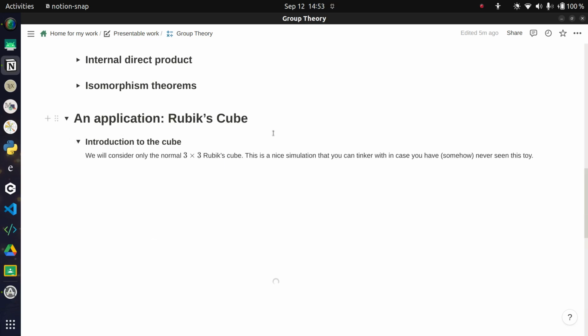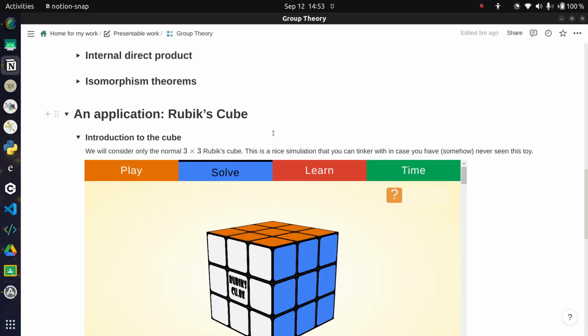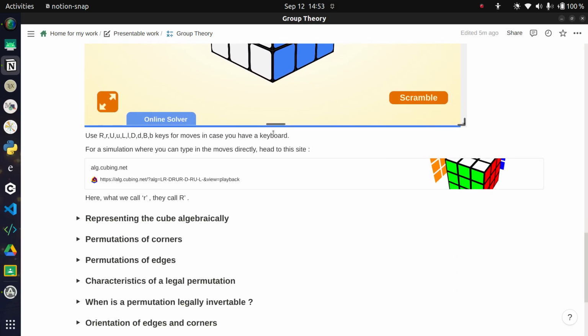First of all, I introduce the cube and I show you some simulations, but honestly, if you are here for the cube, for the algorithms, then you probably know all of it. This particular website is rather nice because it allows you to input all the moves just by typing them and then see the animation of these moves being performed on the solved state of the cube, so you don't have to do things manually.